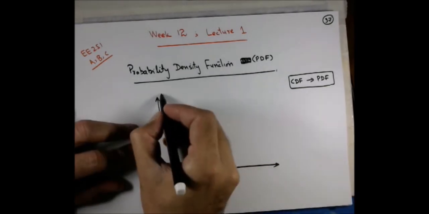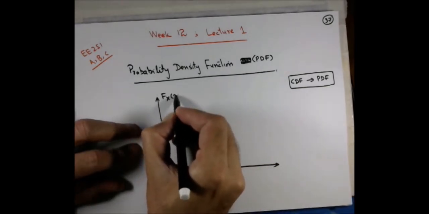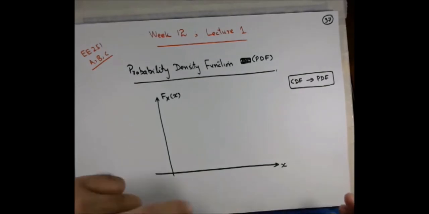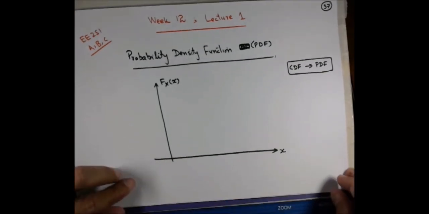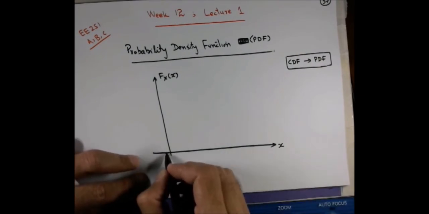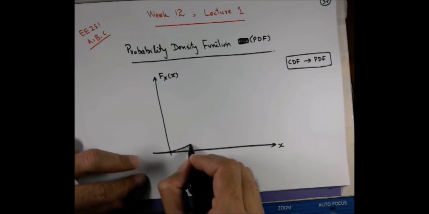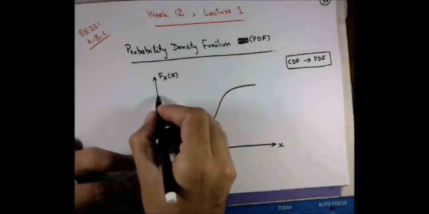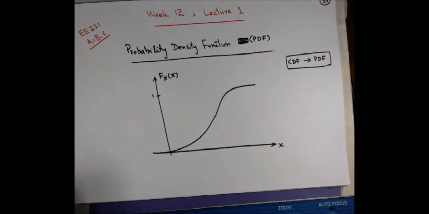Just imagine we have some CDF of a continuous random variable, and say these are the values of the random variable x, and suppose the CDF is something like this.